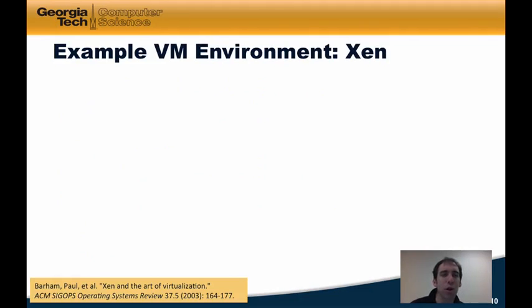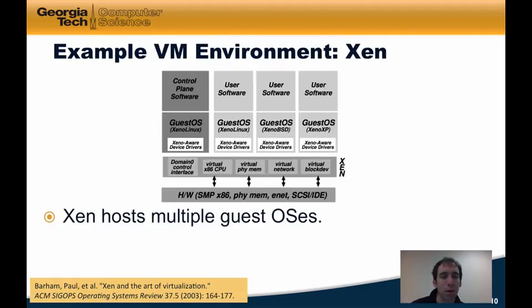Let's take a closer look at one example virtual machine environment, Xen. So in this picture, which describes the Xen architecture, you can see that Xen essentially allows multiple what are called guest operating systems to run on the same underlying shared physical hardware.